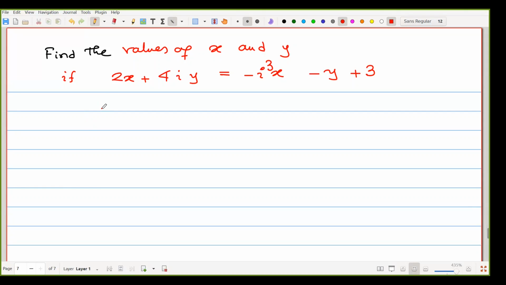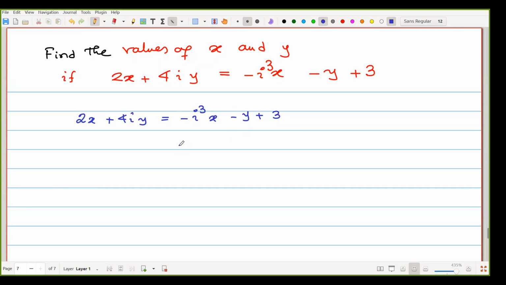Okay, so we are writing it here once again. That means 2x plus 4iy is equal to minus i cube (x minus y) plus 3.